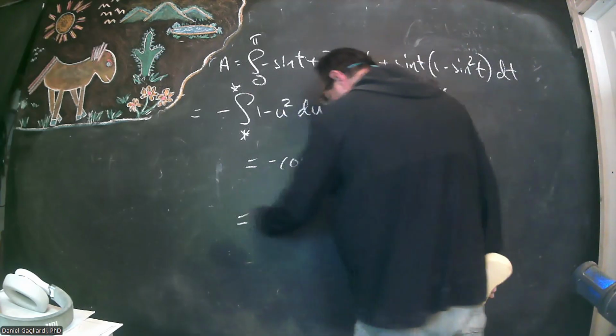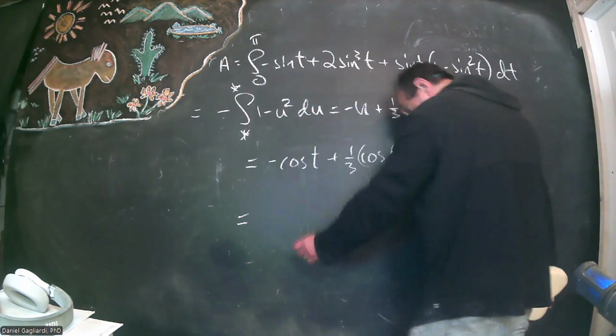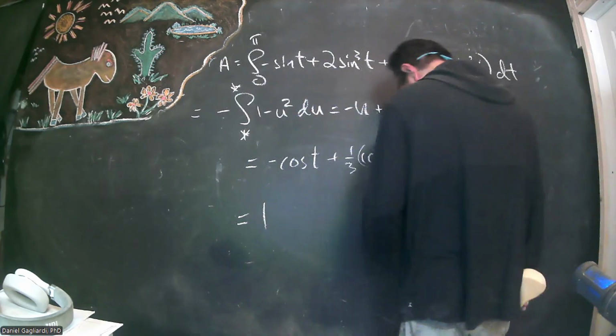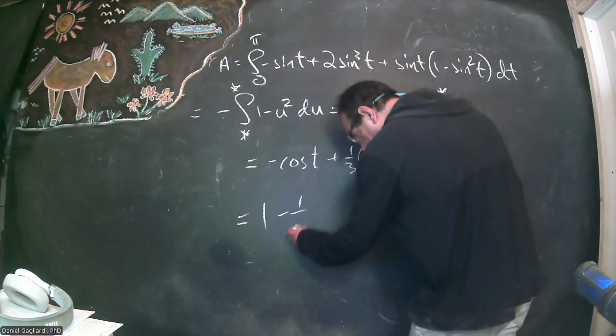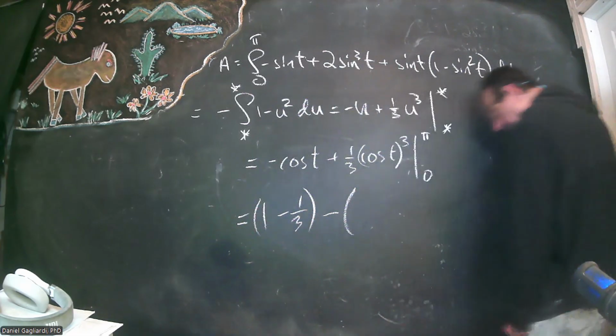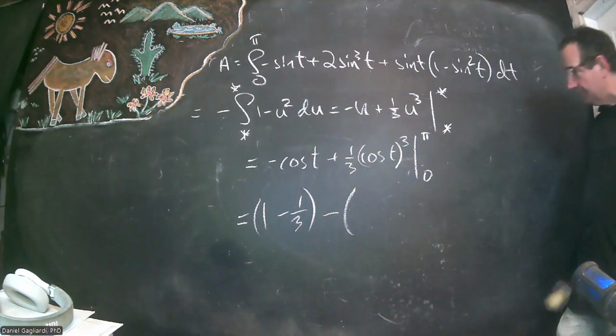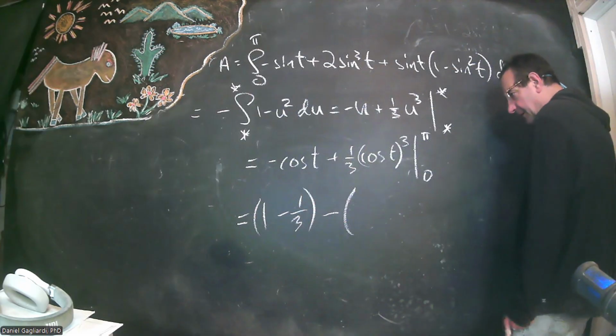All right, so when I put in a pi, what do we get? We get cosine of pi is -1, negative 1 is +1. -1 cubed is -1, so we have -1/3. Okay, good. Now, using the fundamental theorem, we use parentheses to make sure that we distribute the minus sign as needed.